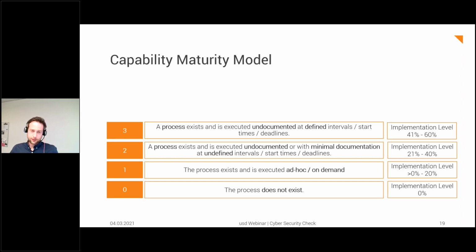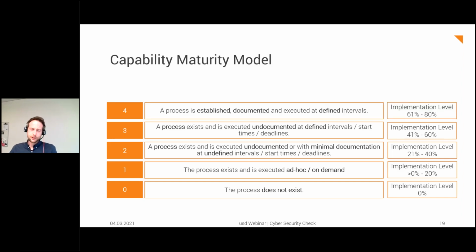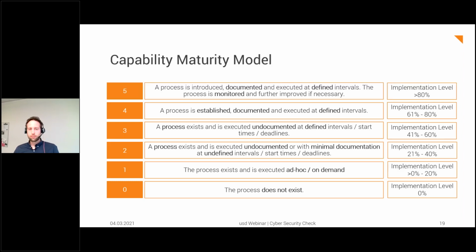Process documentation is still minimal or undocumented. And if we increase our maturity, then we will also have established documentation. And at the end of the day, you probably know this, we are looking at a process that is actually being monitored and is being improved if necessary.